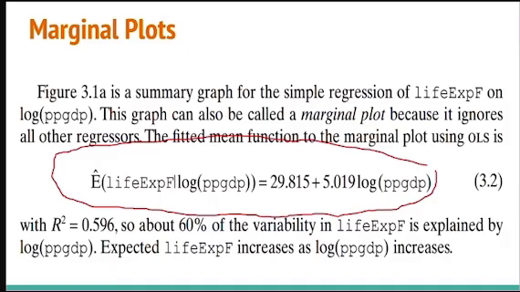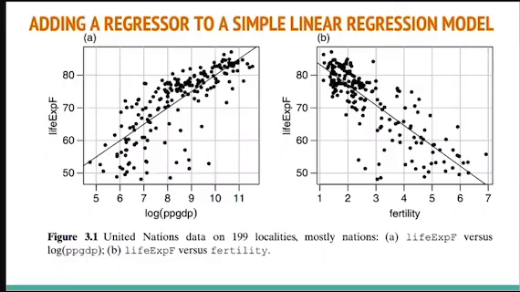The variable called fertility is ignored totally here, because this is an estimated mean function for life expectancy and the logarithm of per capita GDP. Here, I'm ignoring the log of per capita GDP. The plot based on this is called a marginal plot, so each of these scatter plots is called a marginal plot.